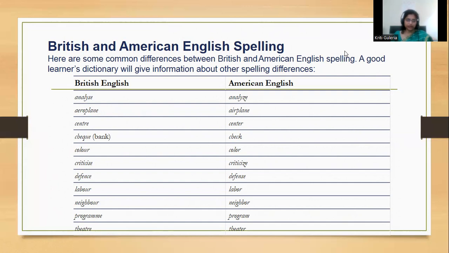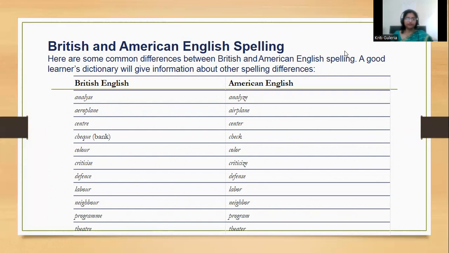Though both are correct, both are acceptable, whatever language you follow, you have to follow that pattern while writing your comprehensions. So these are the common words which I would like to share with you.